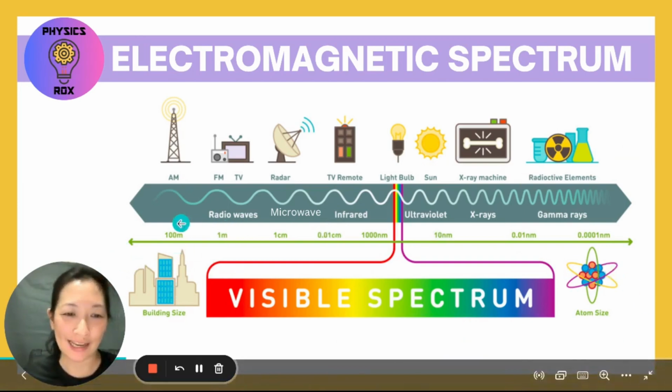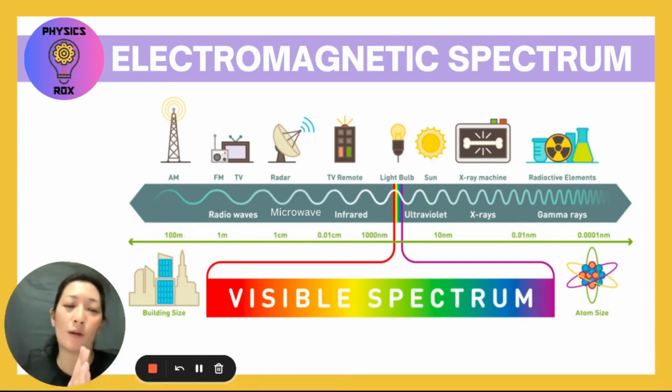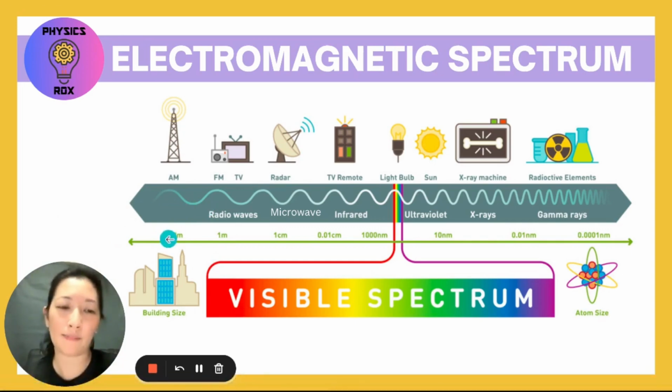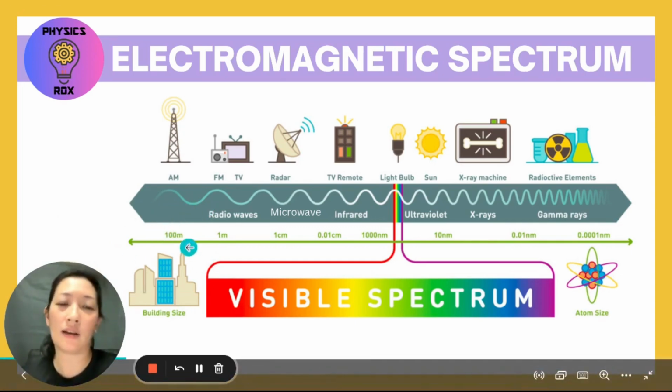All right, let's look at the numbers at the bottom here. Why I included this diagram is because it helps us visualize the wavelength. The green numbers over here are the average wavelength of the individual waves. Starting from radio waves, it's written here about 100 meters. Actually, it's a lot bigger than this, but just to give you visualization, 100 meters is roughly the size of a building.